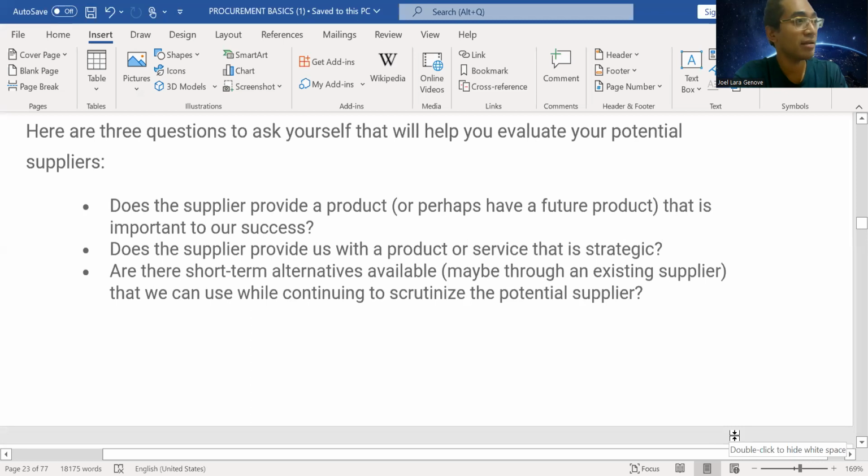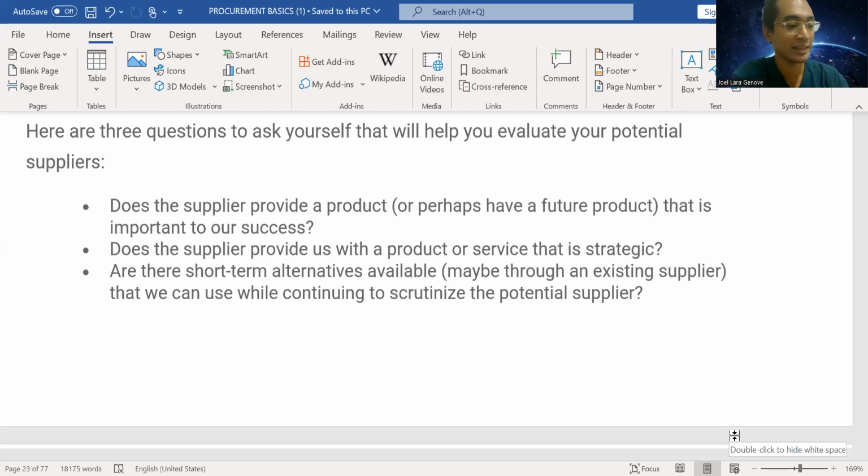Last question. Read it, please. Scrutinize the potential supplier. Scrutinize is just like asking, how long will this take?